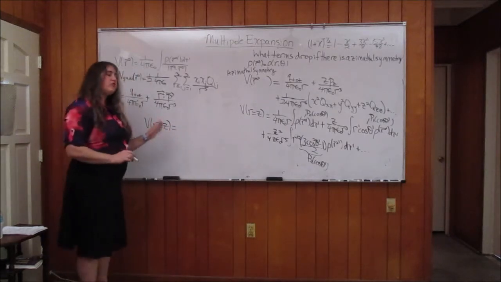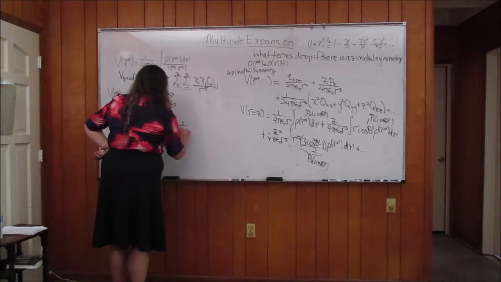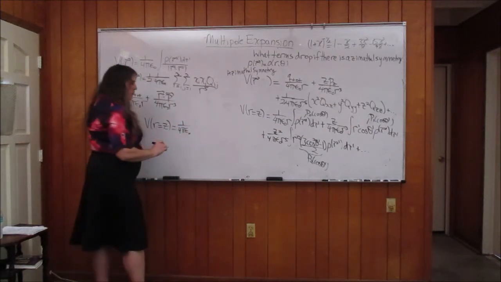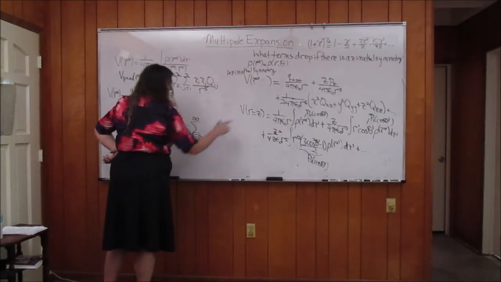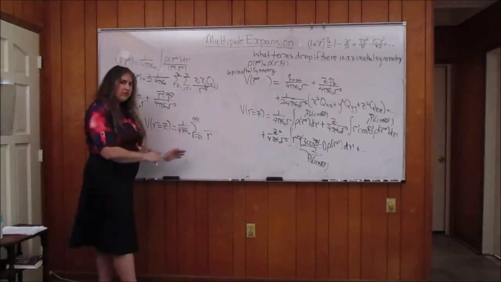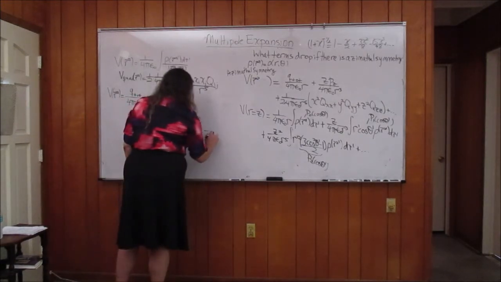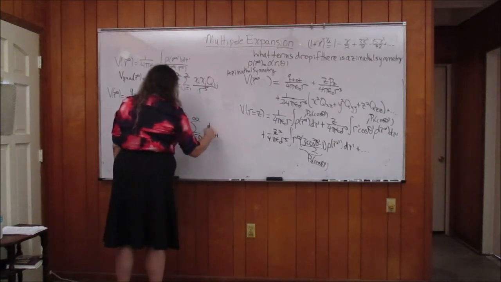along the z-axis for a system that presents azimuthal symmetry can be written in a nice, neat form. 1 over 4 pi epsilon naught, summation L equals 0 to infinity. In the denominator, I'll just leave this as r, but remember r is equal to z in this case, so that's just r to the L plus 1, and it's 1 over that.